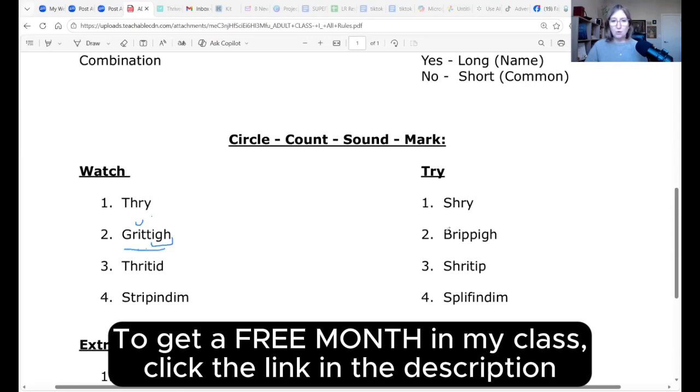So what would this word, just for fun, say with only one T? If that word had only one T in it, it would then say grit-I.